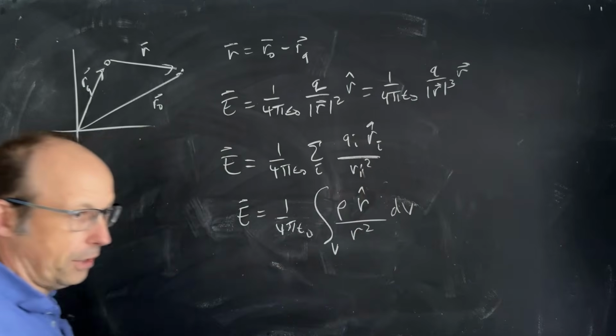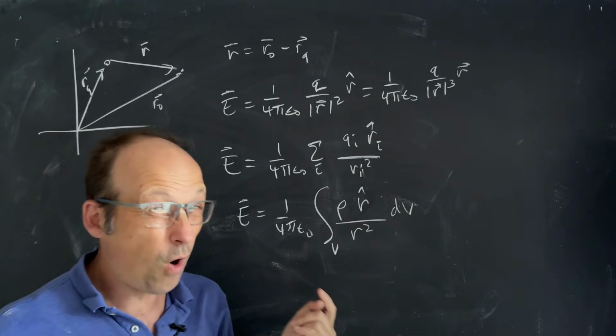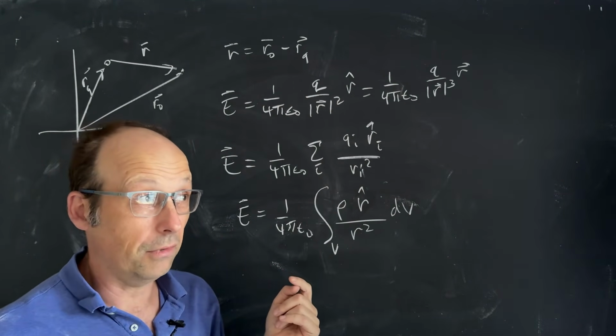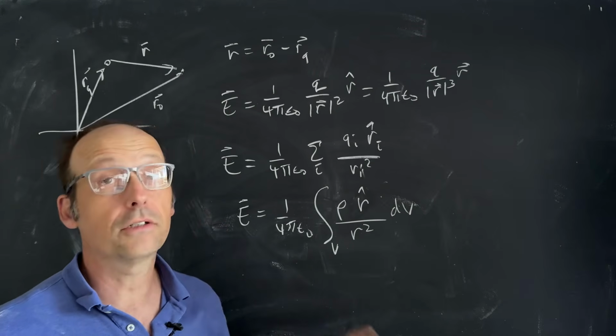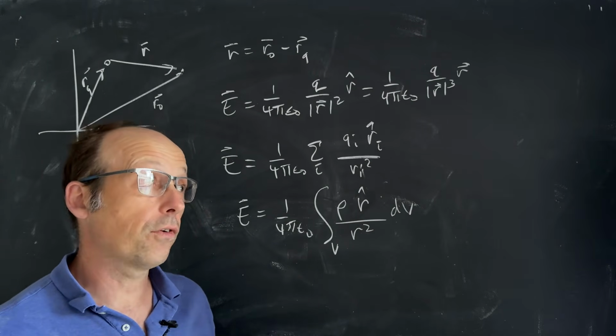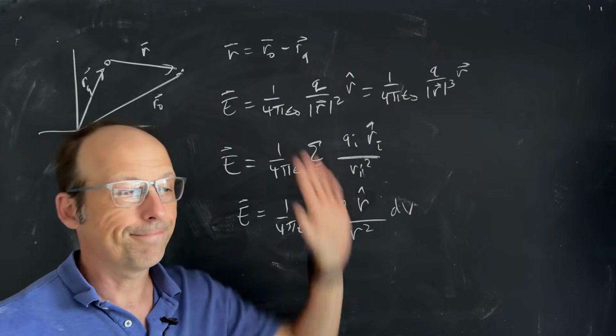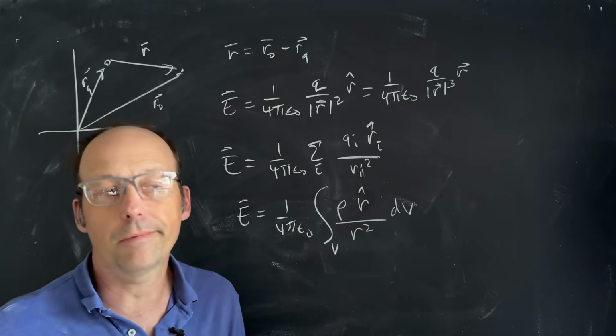So that's a volume integral. The book uses d tau for volume elements. I don't like that. I like dV. I understand, hey, we use dV for change in potential, so that's a problem. Just don't make it a problem. It's easy.